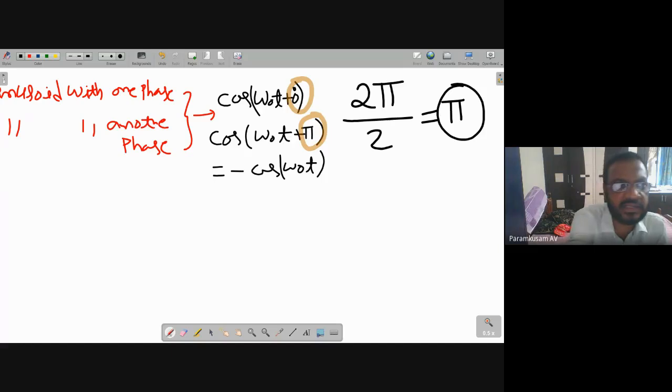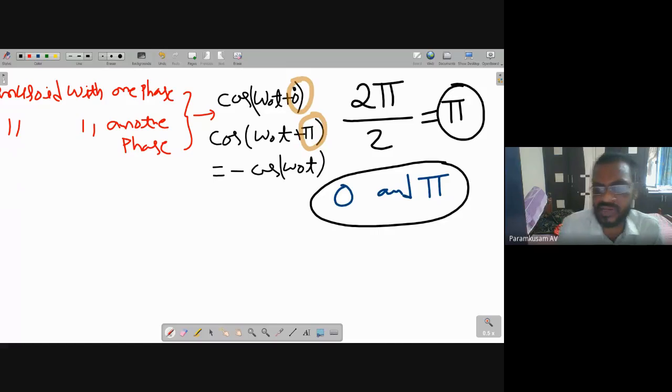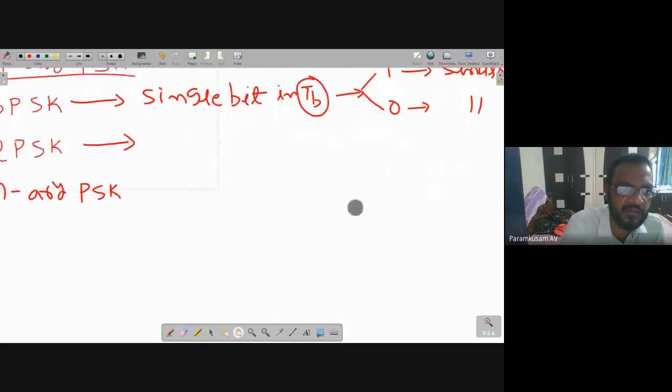What are the phases in one sinusoid and the other? 0 and pi, 0 radians and pi radians. What is the difference between these two phases? Pi. So this is about binary phase shift keying.